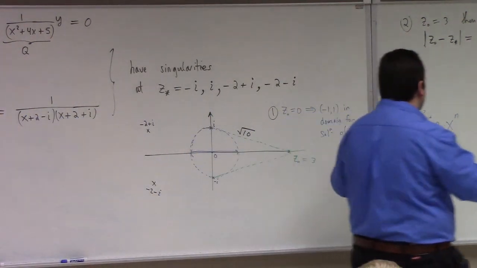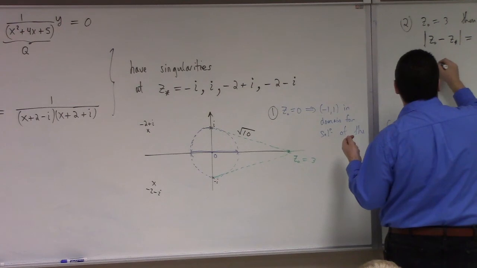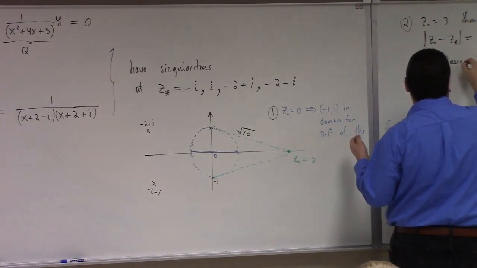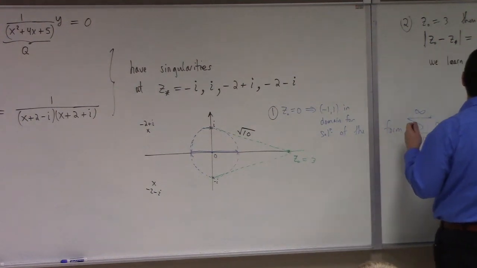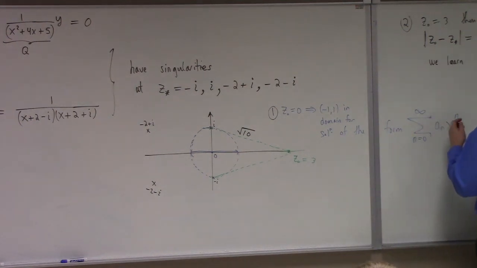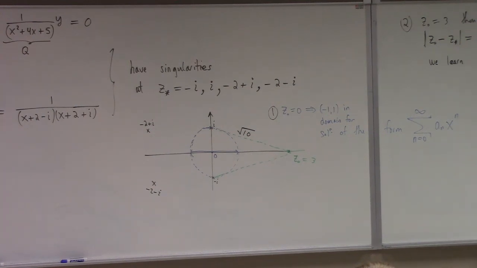So from this and the theorem, we learn that a solution of the form the sum over b sub n, x minus 3 to the power n, n equals 0 to infinity, converges on 3 minus root 10 to 3 plus root 10. Again, I don't know about the endpoints without much further calculation.